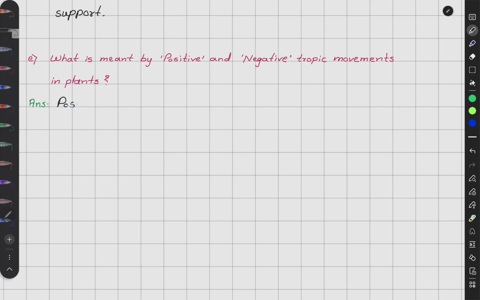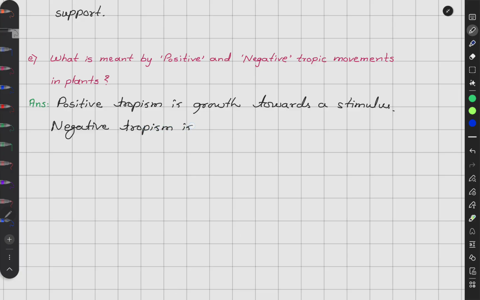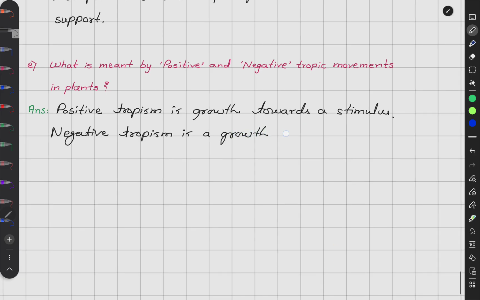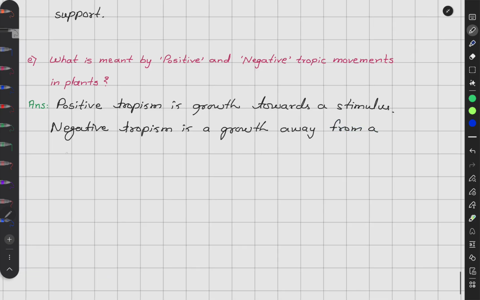So positive tropism is growth of plants towards a stimulus, and negative tropism is growth away from a stimulus.